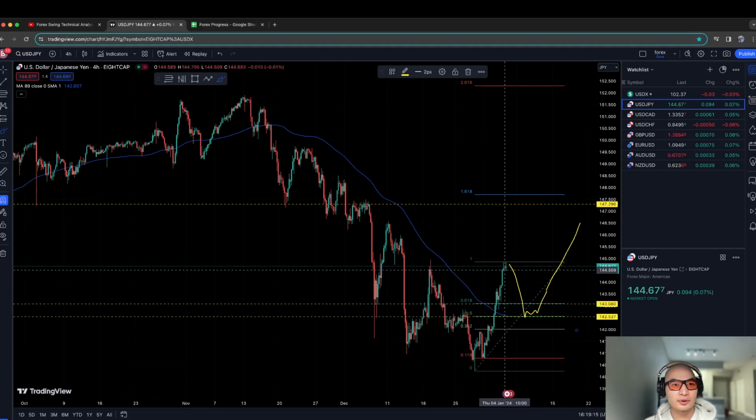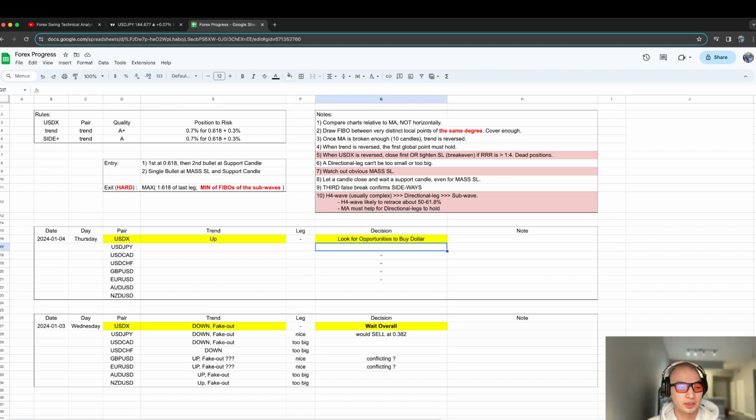So here USD Japan yen trend is up, the leg is nice, and we wait for at least a 0.61 retracement, right?